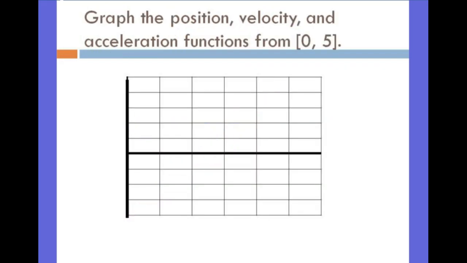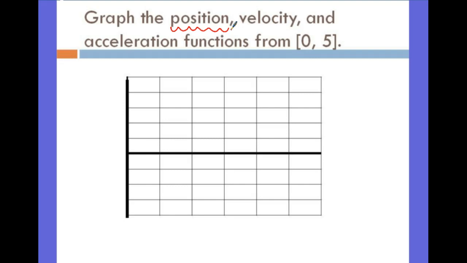So let's graph it. We'll do multiple colors. First, we'll start with position. So position is what the particle is doing when. We know the position of the particle at 2 points already: at 2, and initially.